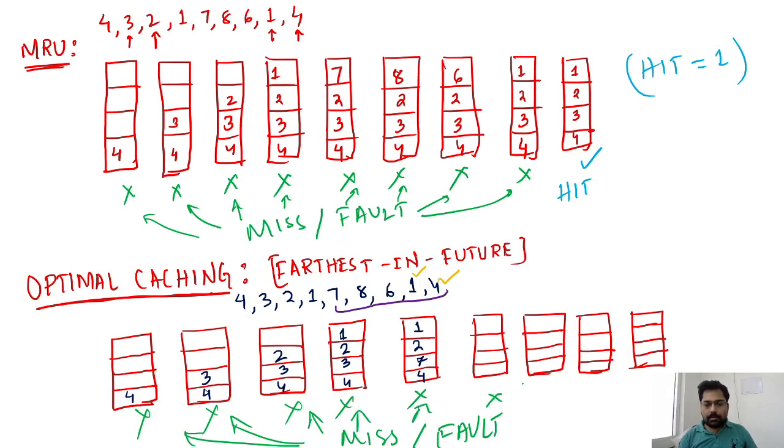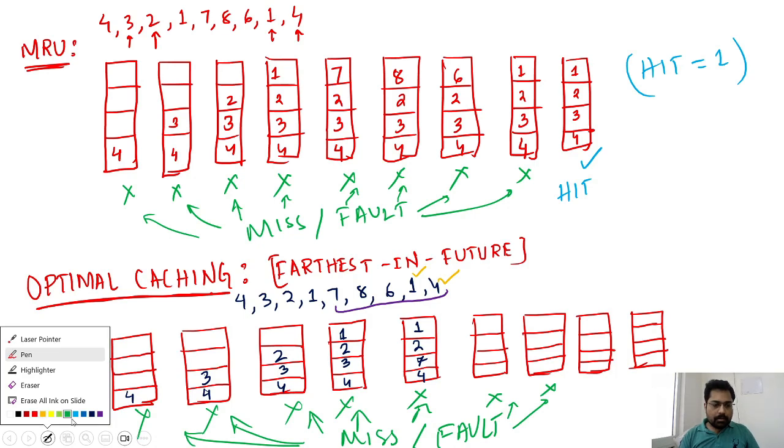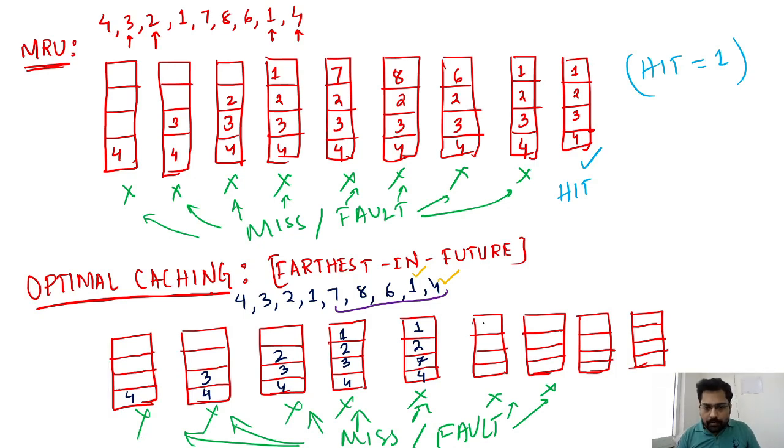Again it will be a fault, and again a fault. Now 1, 2, 7 and 4 are there. Excluding 1 and 4, you can replace any of these, not an issue, because in future you will work on 1 and 4. 6 came, so 8 you can replace.